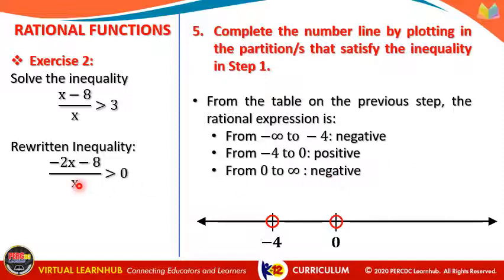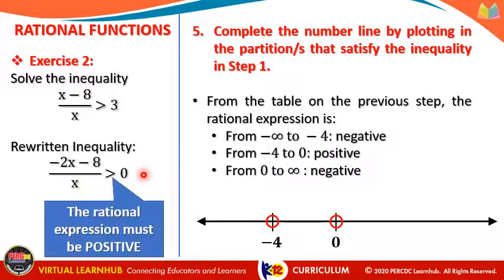Ano ang kailangan natin? So take note, sabi dito, negative 2x minus 8 over x must be greater than 0. Ano ulit ang ibig sabihin pag greater than 0? Greater than 0 means we are referring to positive numbers. Alin ba sa mga intervals natin ang magbibigay ng positive values? Yung negative 4 to 0.